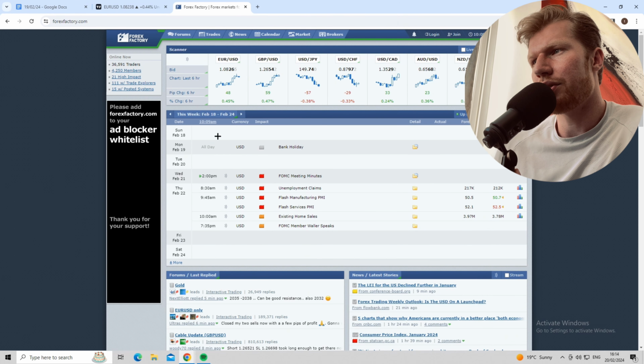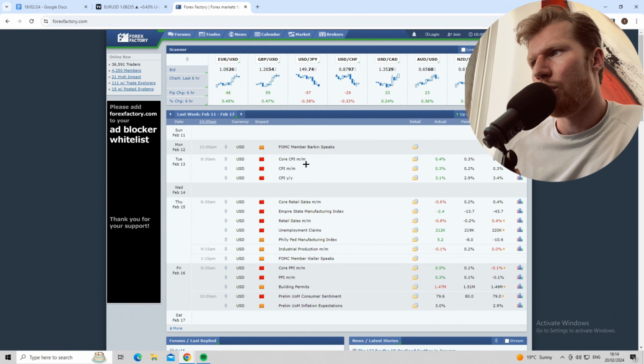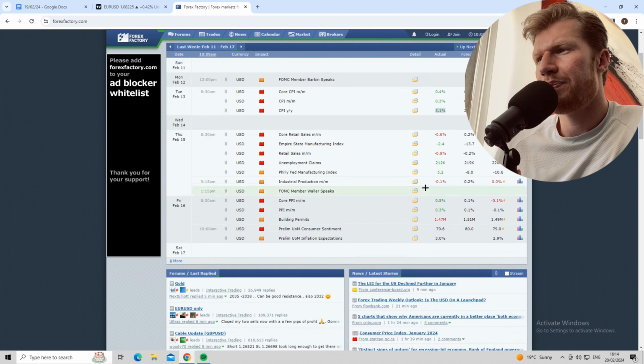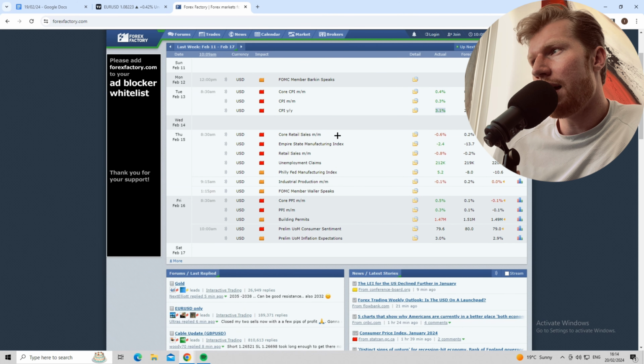In Forex Factory, you can see CPI year over year at 3.1%, above forecast, below the previous, but still above forecast and not yet at the Fed's target of 2%. And we did have retail sales come out weaker than expected, so that was not good.